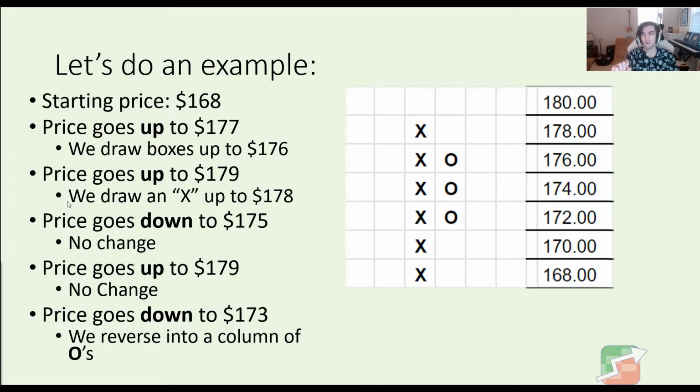So yes, 178 would be where we need to go to, because that would be 1 at 174, 2, 176, 3, 178. Now we've talked about price. Let's talk about time.